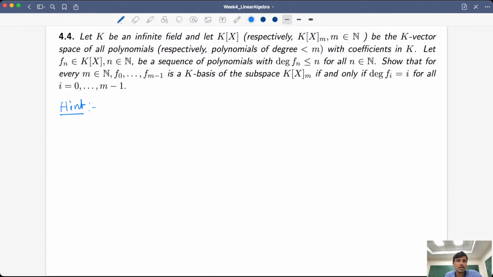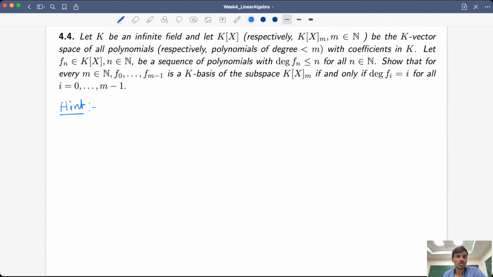Then consider a sequence of polynomials f_n whose degree is at most n. If f0, f1 up to f_{m-1} is a k basis of the subspace k[x]_m, then you must have degree of fi equal to i for all i equal to 0 to m minus 1, and also the converse: if you have degree of fi equal to i, then this must form a k basis for the subspace. So two ways.